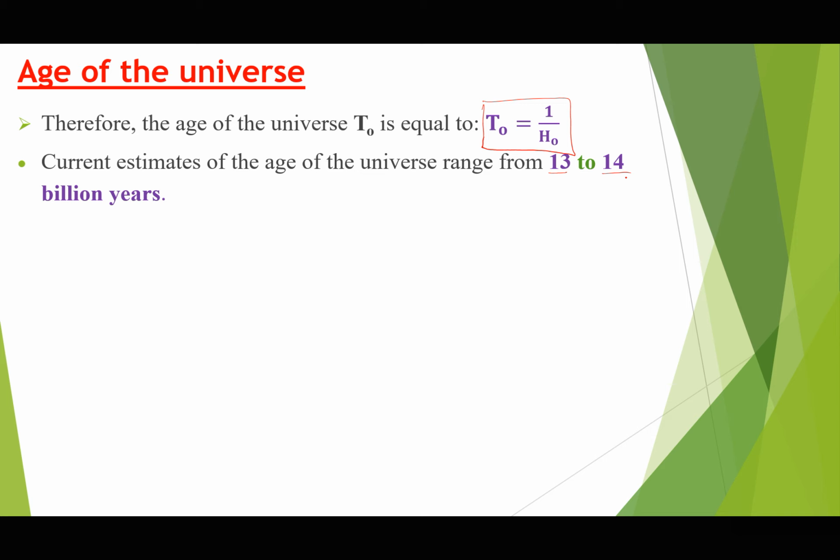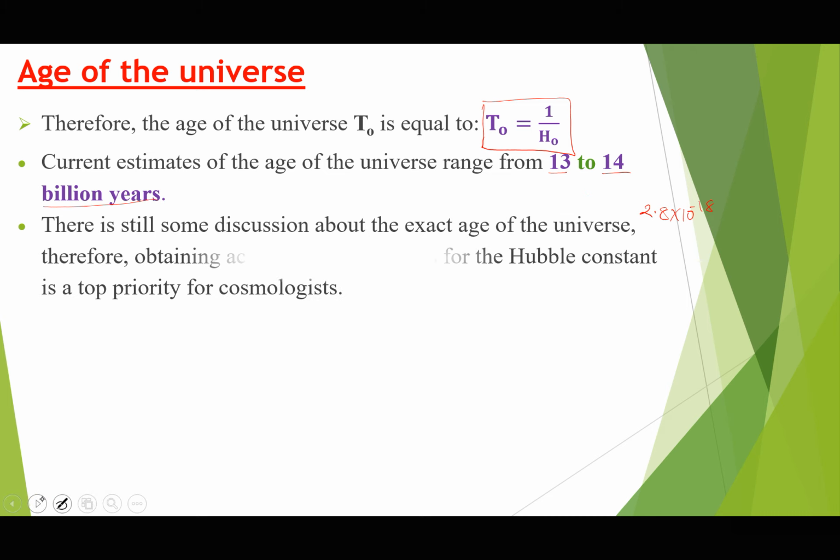For example, if I use the Hubble's constant as 2.8 times 10 to the power of minus 18, when I get 1 over 2.8 times 10 to the power of minus 18, the age of the universe is going to be approximately between 13 to 14 billion years.